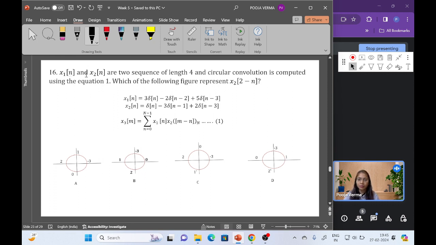So x1 of n and x2 of n are two sequences of length 4 and circular convolution is computed using equation 1. In which of the following figures is x2 of 2 minus n represented? So x1 of n is given and x2 of n is given, and how we calculate the circular convolution is also given. So let's see first what is the sequence of x1 of n.